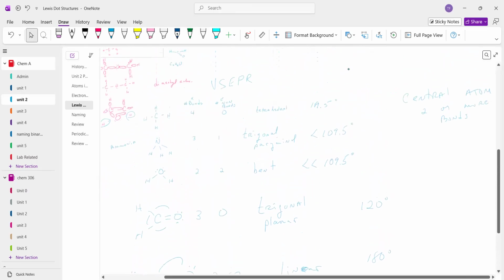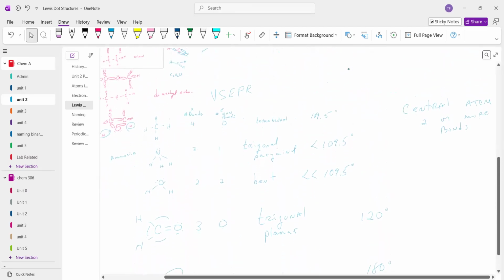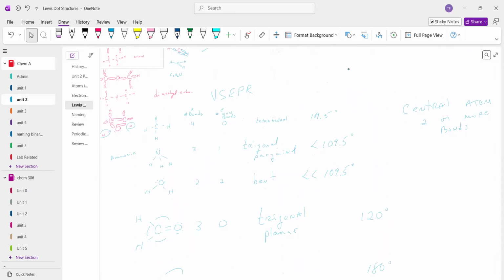Now remember at the top here, I said X's and E's, and X means a bond, E means non-bond. So if we have that, that's the same as 4-0.